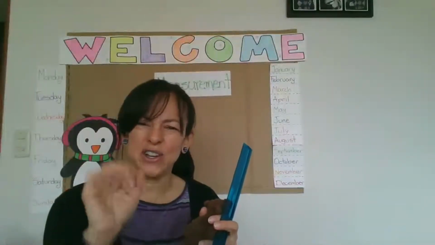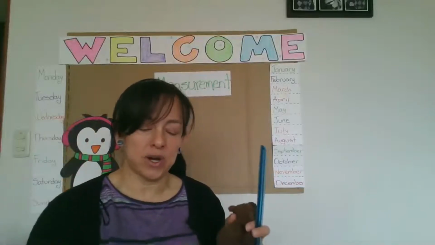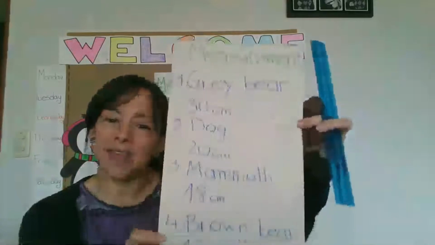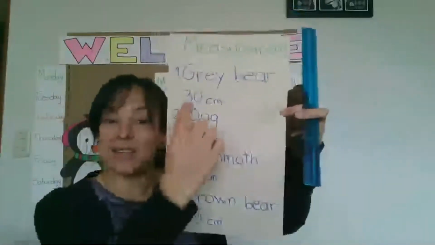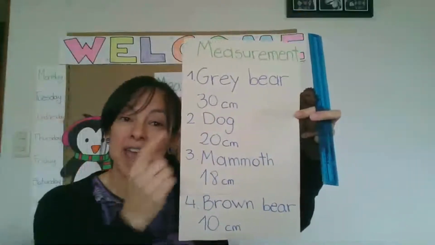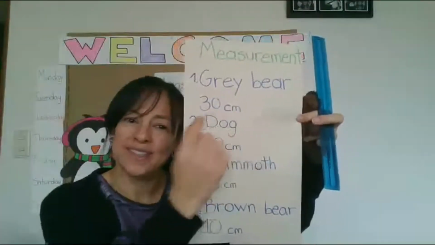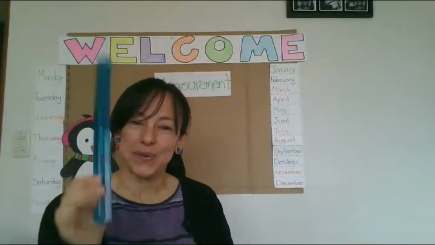It is clear? Very good. You write the name of the toy, the name that you want to put to the toy, and how tall is the toy using the ruler.